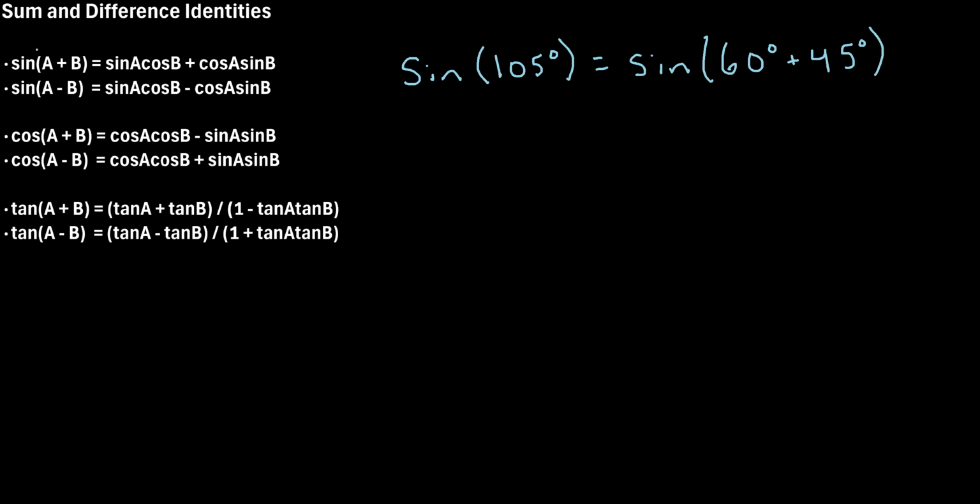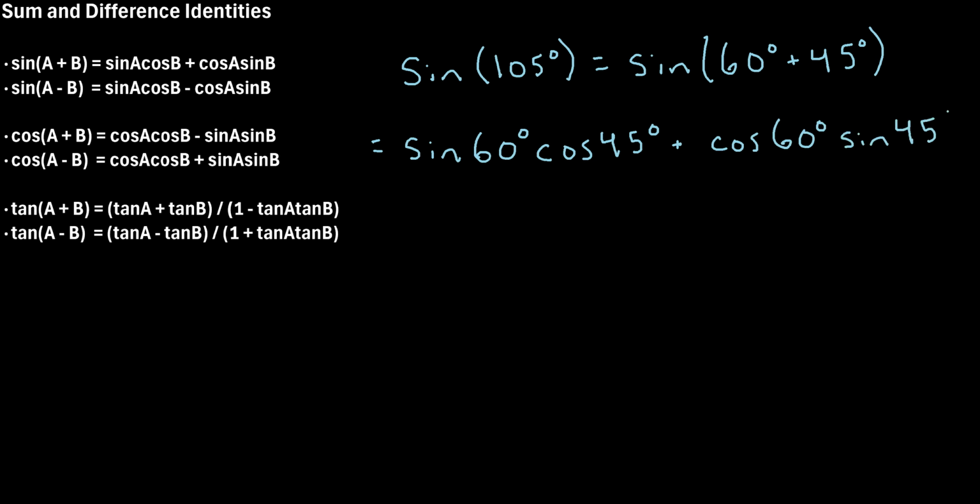Now, if we refer to our sine of A plus B formula over here, we can see that it's equal to the sine of A times the cosine of B plus the cosine of A times the sine of B. So we can write that as the sine of A, so in this case A is 60 degrees, times the cosine of B, so B is 45 degrees, plus the cosine of A, so the cosine of 60 degrees, times the sine of B, B is 45 degrees.